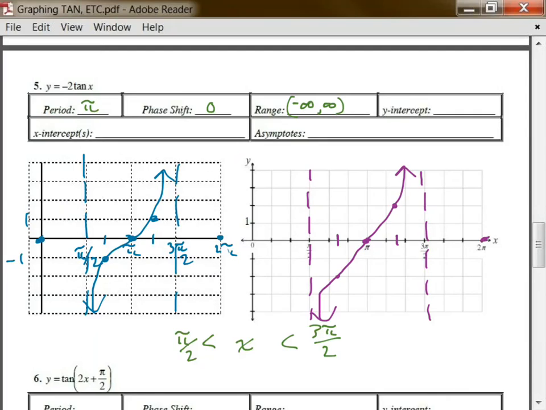This right over here is going to be our other x-intercept. I know because our period is pi, so our next x-intercept is going to be pi spaces over that way. And our other x-intercept is going to be pi spaces over that way. So we've got to graph those since it's in our window. And then we go up here to 2. There you have it. Alright, let's get to some shifting and some period changes.